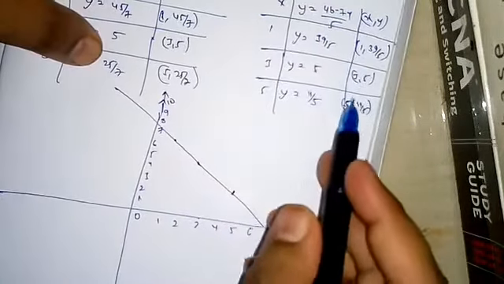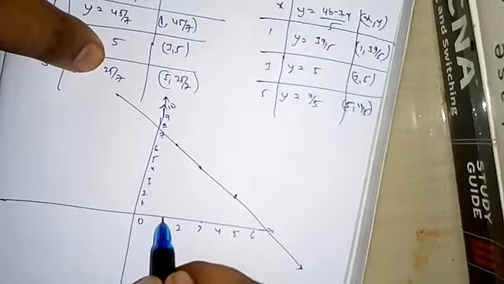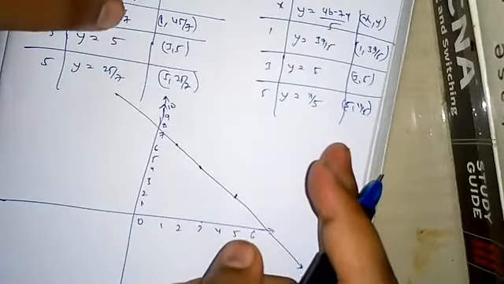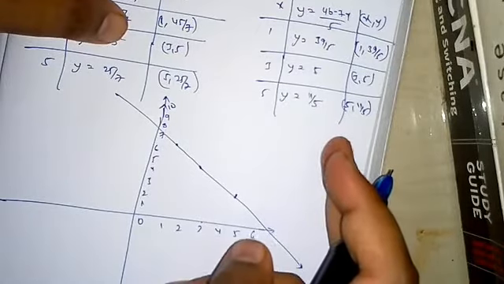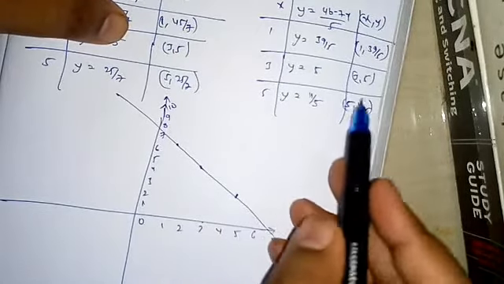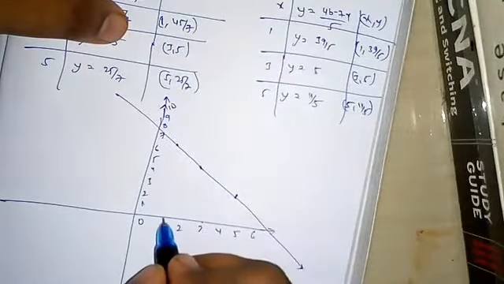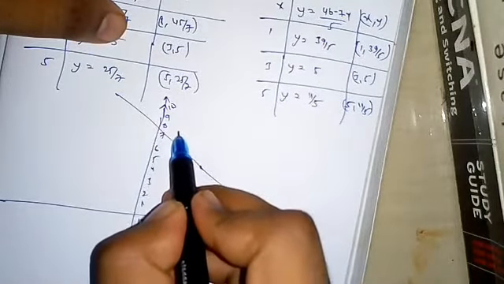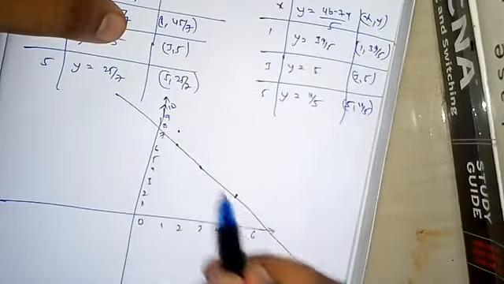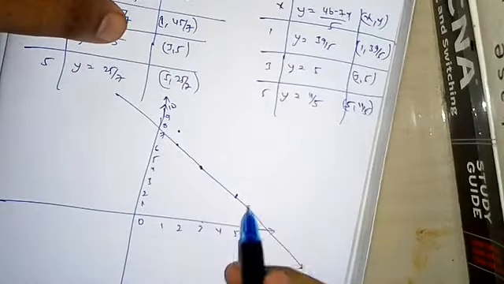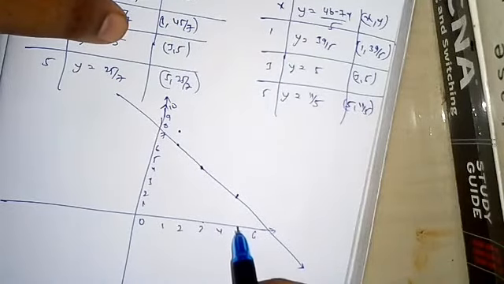Next, for the second line, 1 comma 39 by 5. 39 by 5 is somewhere near 8, 7.8. So 1 comma 7.8 here. Next is 3 comma 5. Next is 5 comma 11 by 5, which is 2.2.